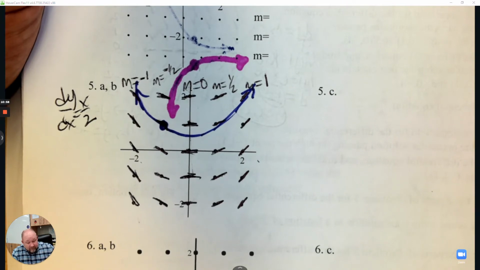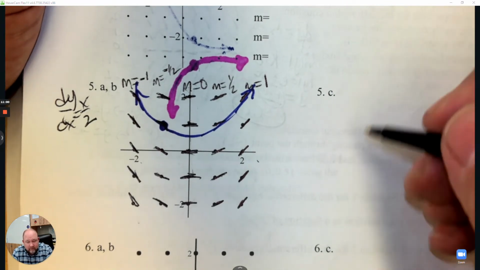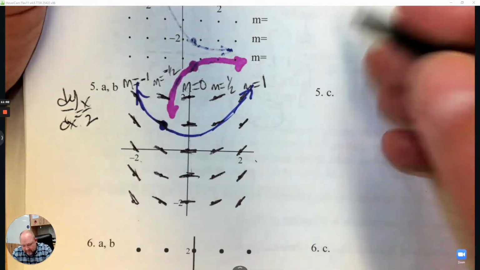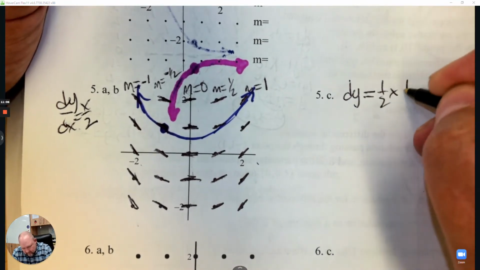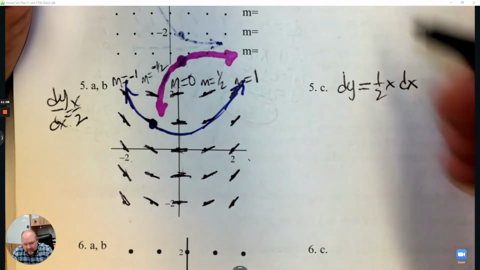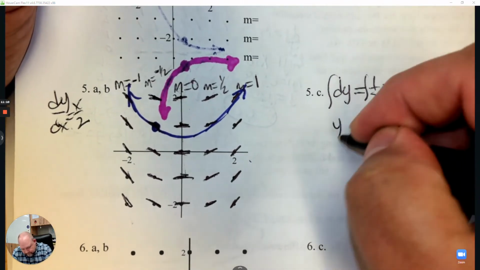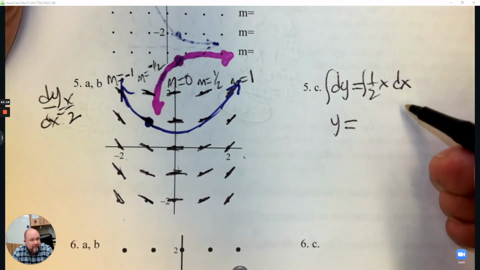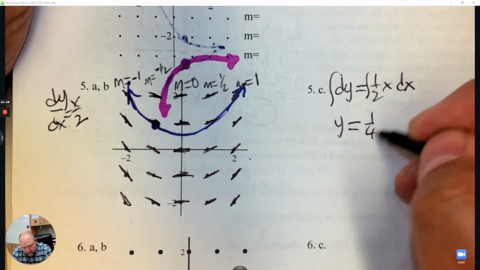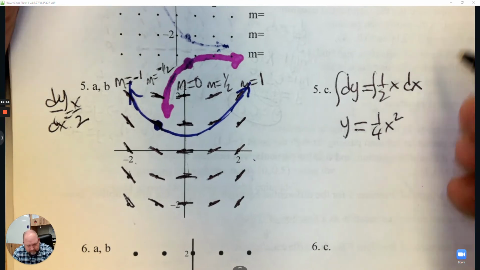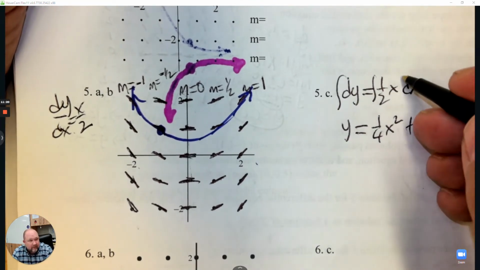In part C, it says solve for it. So I'm going to take this, multiply by dx, and then integrate. This is going to be x squared divided by 2, so it's going to be 1/4 x to the fourth. So add 1 and divide.